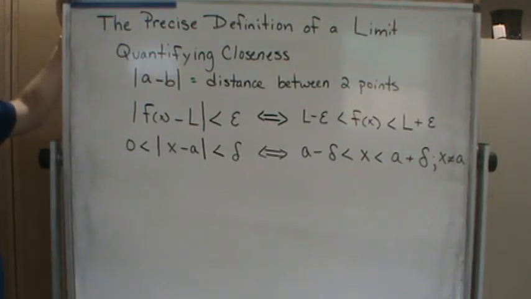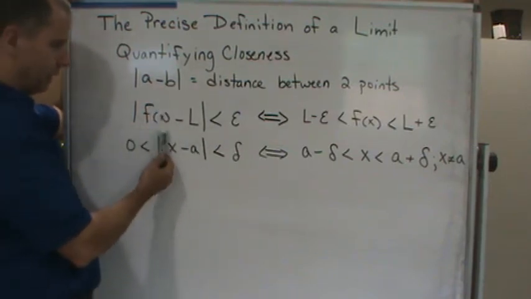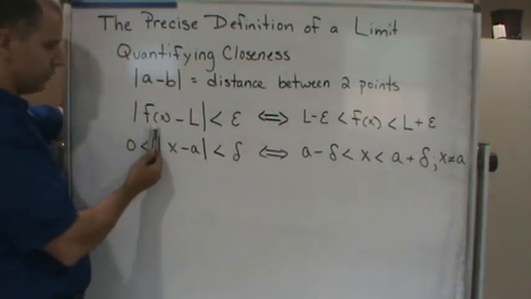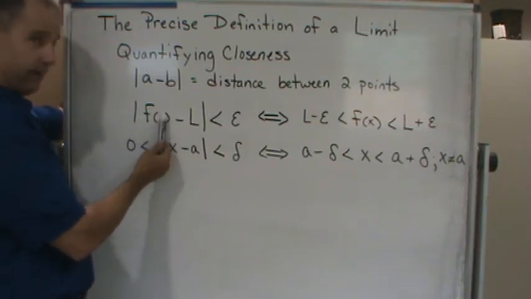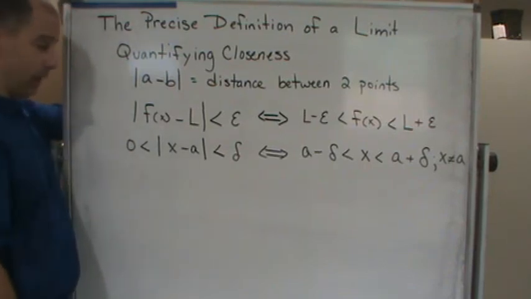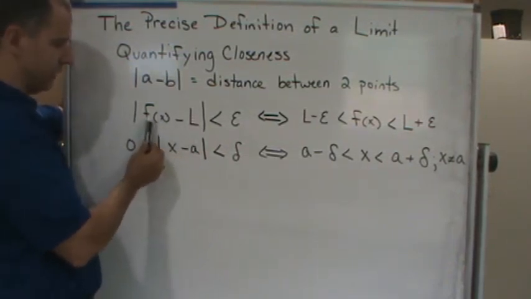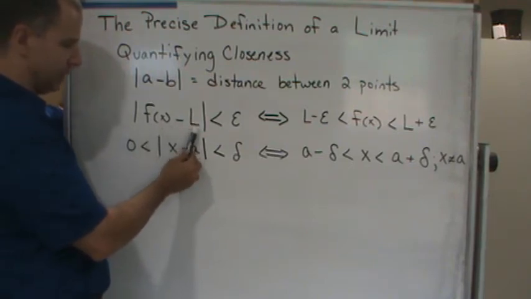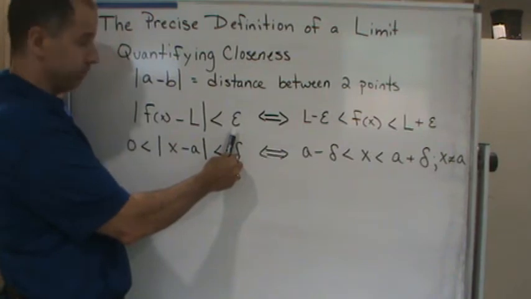Okay? Now, with that in mind, here we're taking the distance between the value of the function at x and the limit L. We're taking the absolute value of that, so we're saying the distance between the function and the limit is less than some real number epsilon.